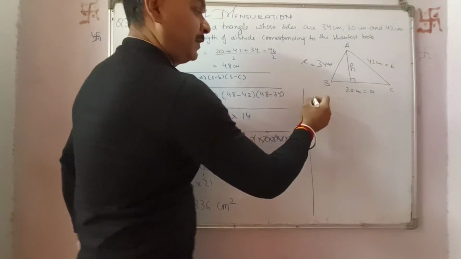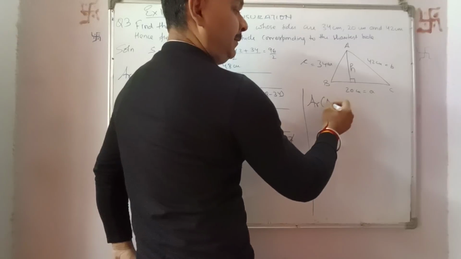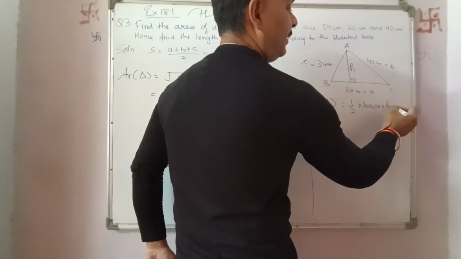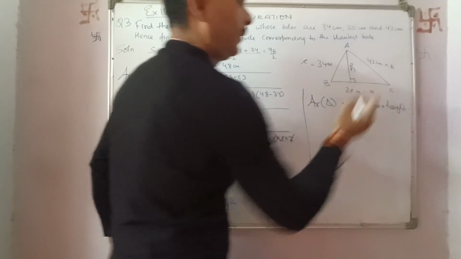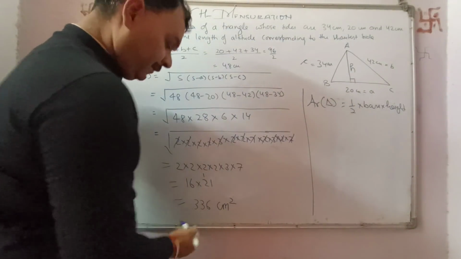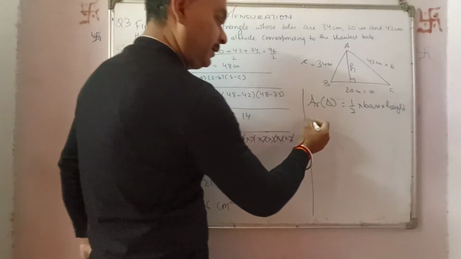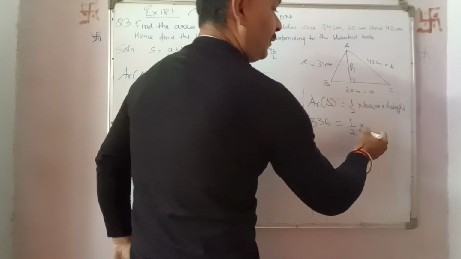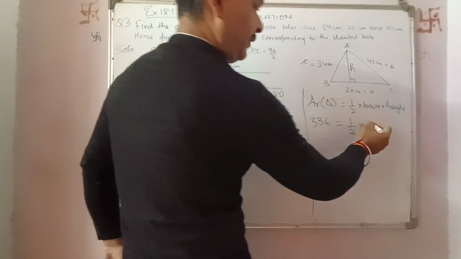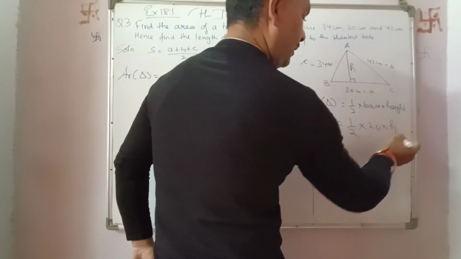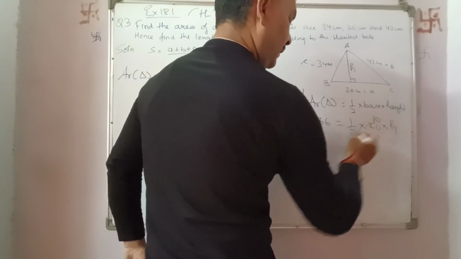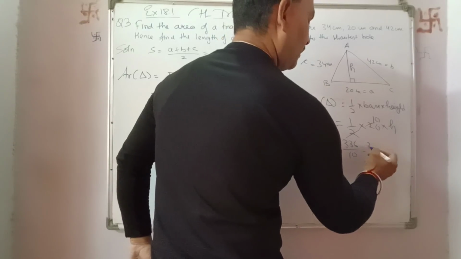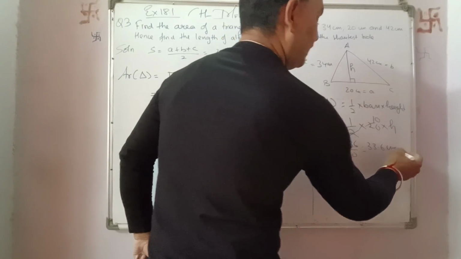The basic formula we can use is area of triangle, which is half base into height. The area of the triangle we just found is 336 centimeter square. Half, the base will be the shortest side, 20, and we need to find the height. H is equal to 336 by 10, or 33.6 centimeter.